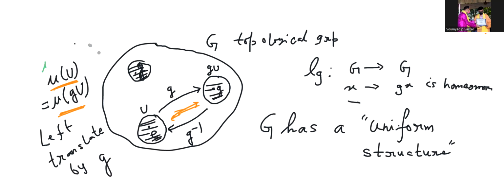In locally compact Hausdorff topological groups, there is a Radon measure which is left invariant, and also there is a Radon measure which is right invariant. So locally compact spaces are very nice in that sense.